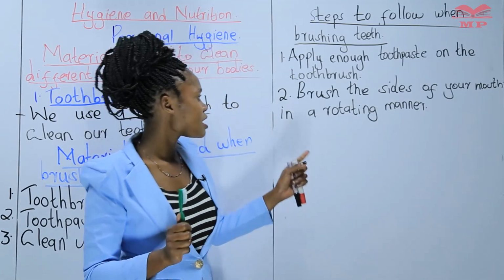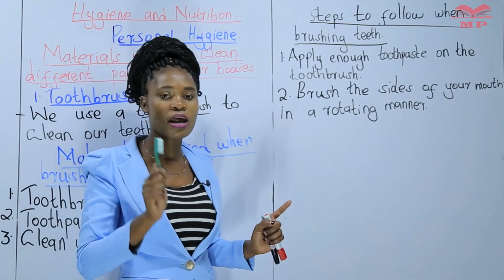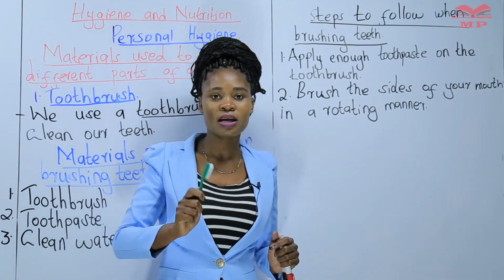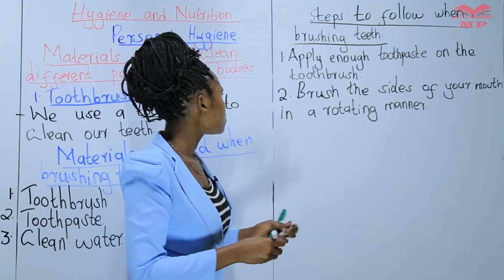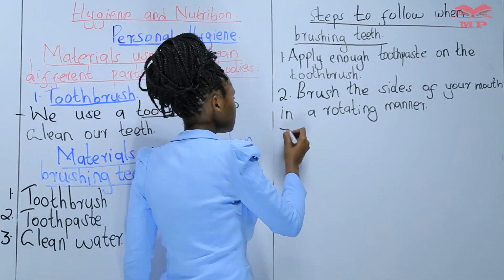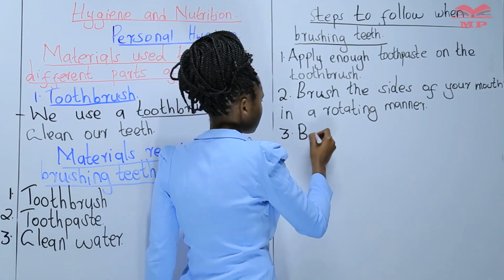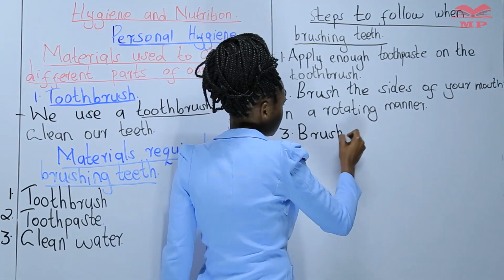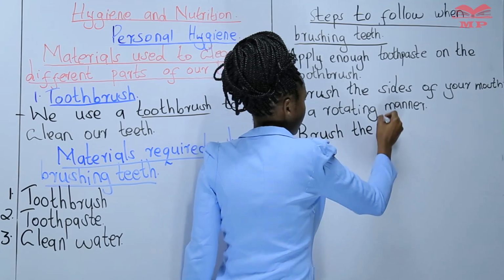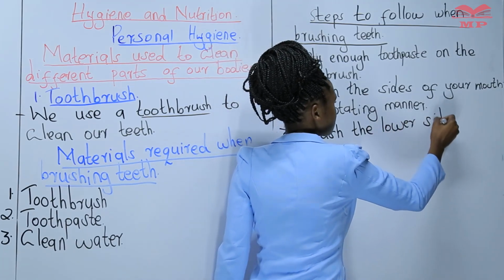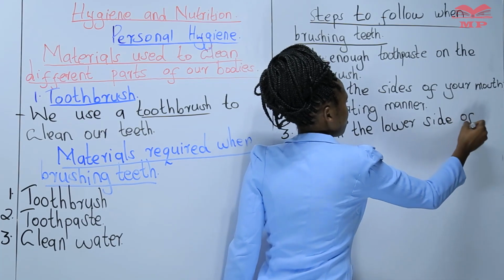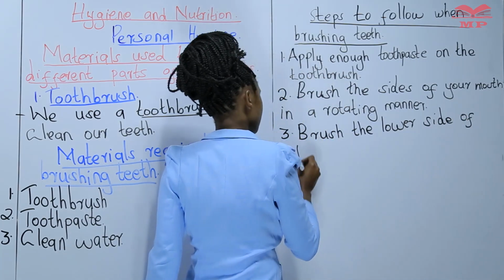After brushing the sides of your mouth in a rotating manner, you now start by brushing the lower side of your mouth. So the third step is brush the lower side of your mouth.